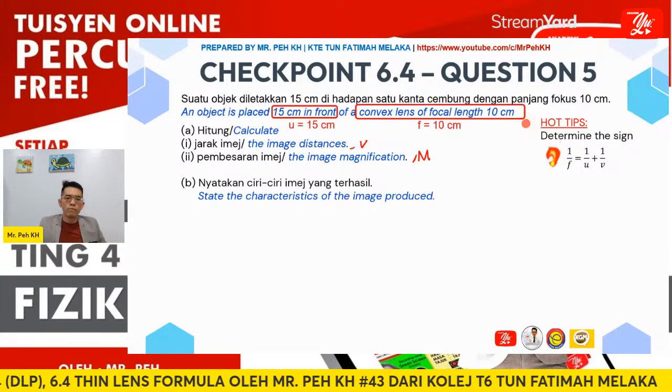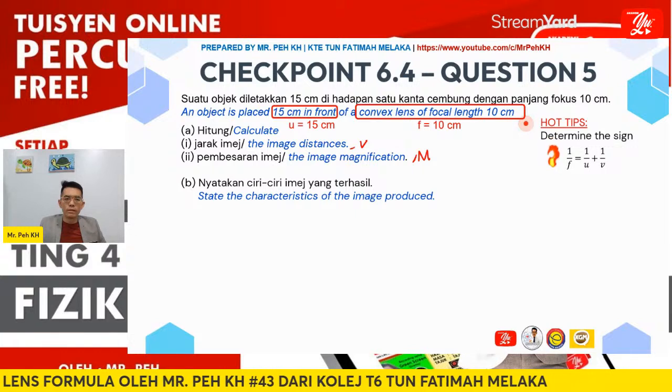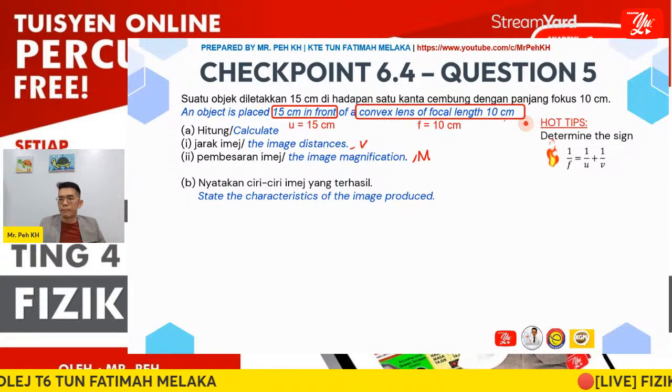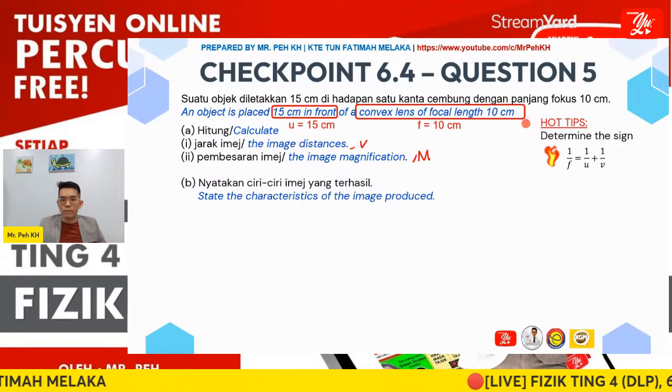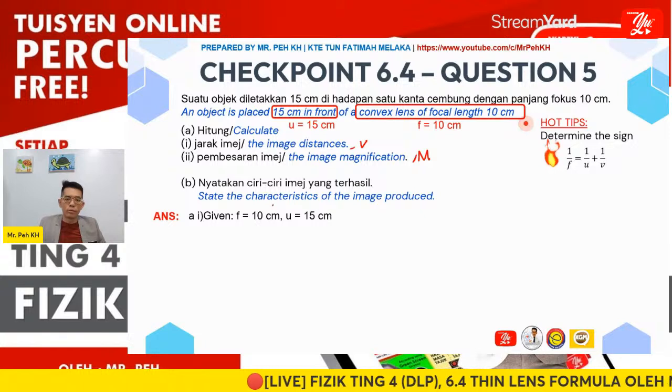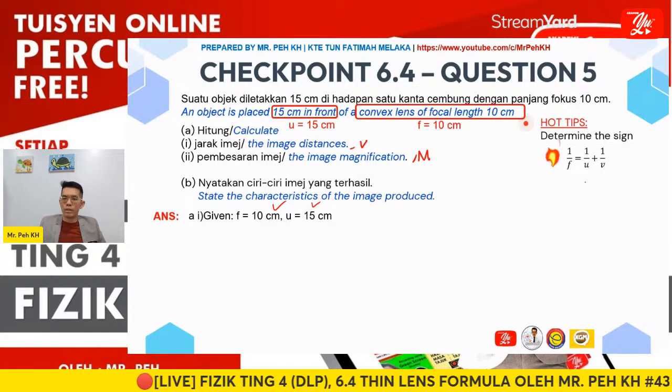So here u will be 15, always positive, and then convex lens is used, so the focal length will be 10 cm, positive. So substitute the given value to the formula given.